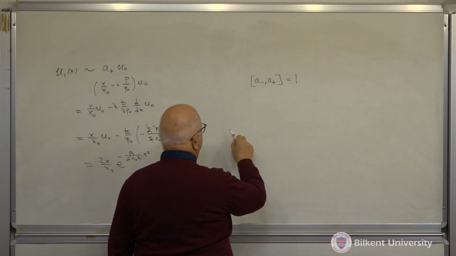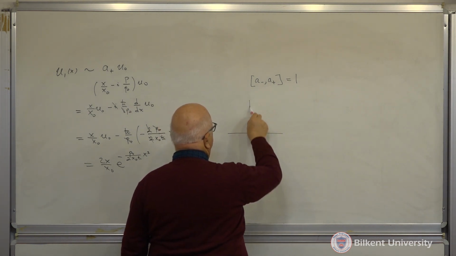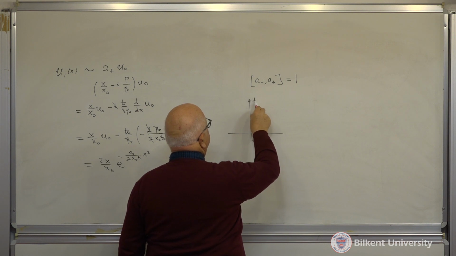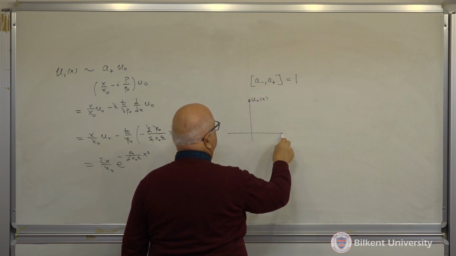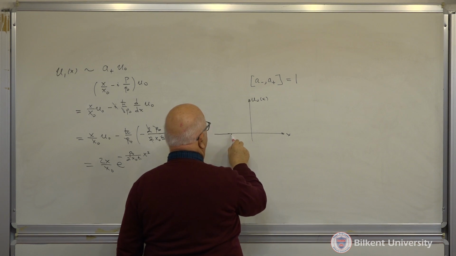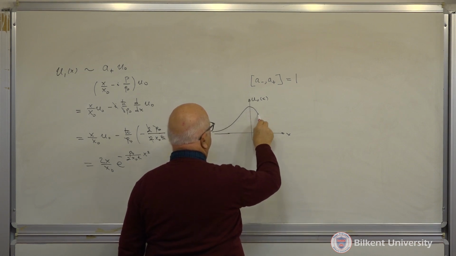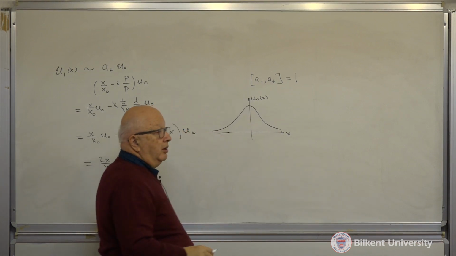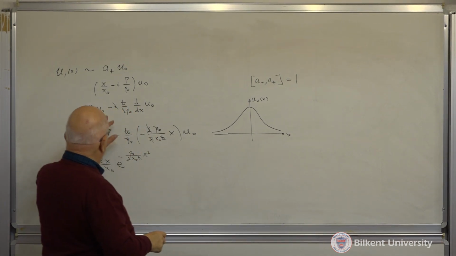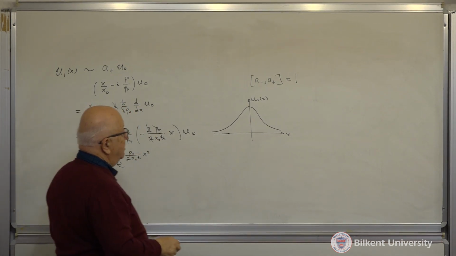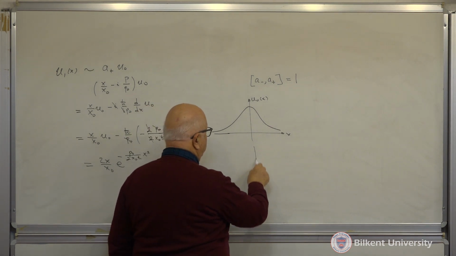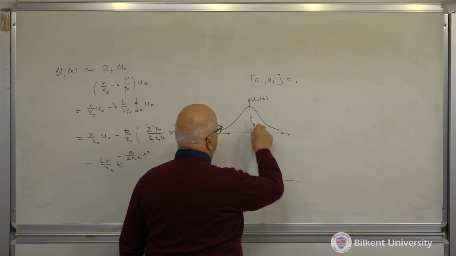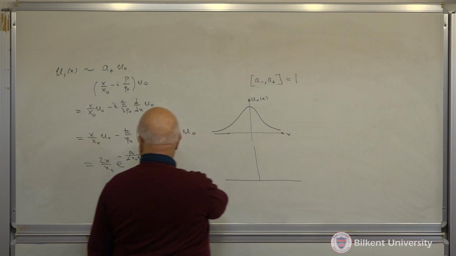So qualitatively, what do they look like? Well, u0 we know is a Gaussian, so it does something like this. The first excited state is going to be proportional to, so it will have an envelope u0.